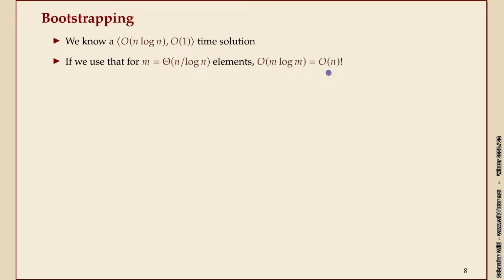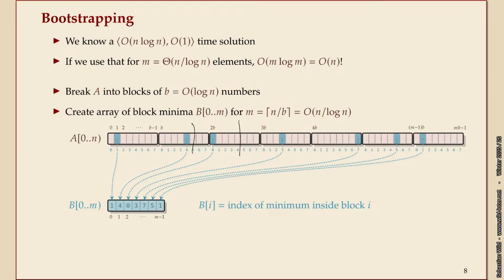But that doesn't solve the problem unless we apply some problem-specific trick. Here you can break the array conceptually into blocks of b elements each. We can choose b to be roughly logarithmic. Then the number of elements we use, namely the minimum of each block, is n divided by log n, so we can apply our linearithmic solution and still run in linear time.